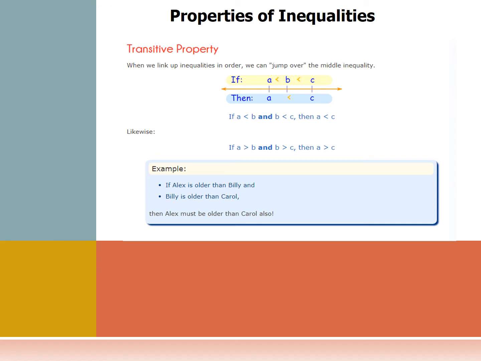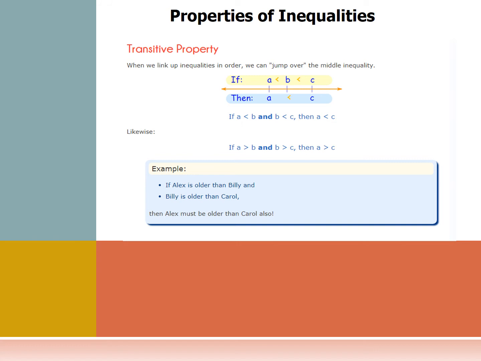Also, if we have A is greater than B and B is greater than C, then A is greater than C. We call this property the transitive property.